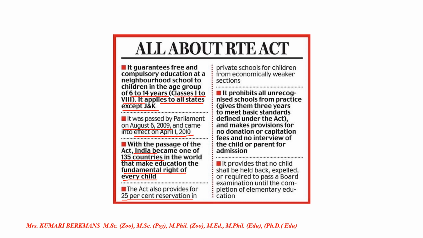And it prohibits all unrecognized schools from practice, gives them 3 years to meet basic standards defined under the Act, and makes provisions for no donation or capitation fee and no interview of the child or parent for admission. This Act prohibits all those things.